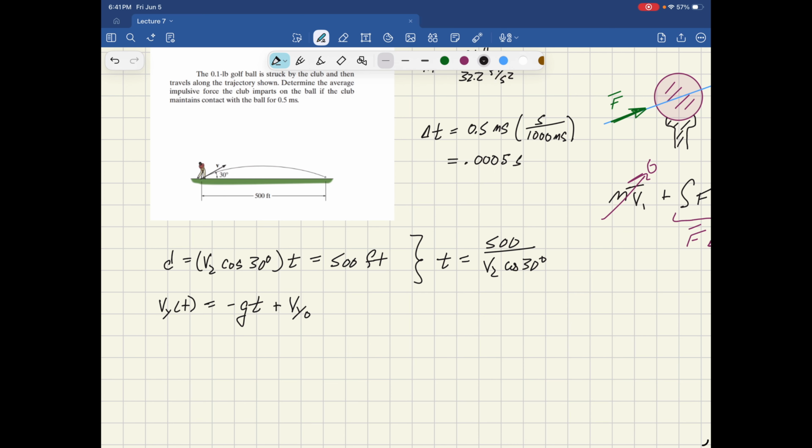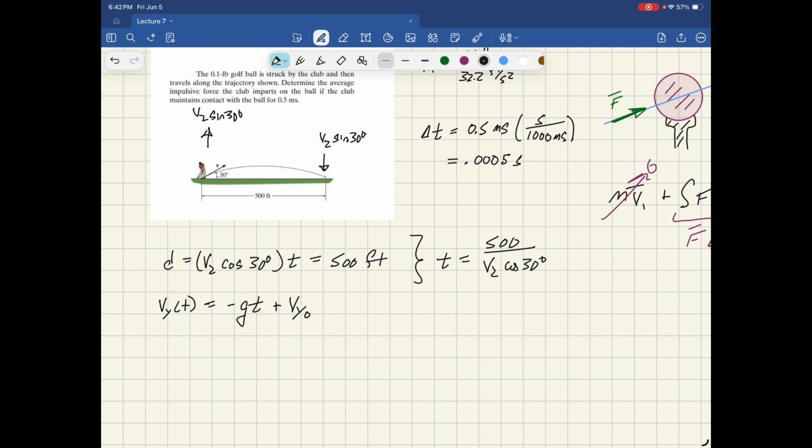So we can write this as minus, so when the ball lands, right, when the ball takes off, it has a positive velocity equal to v2 sine 30 degrees. And when the ball lands, it's equal to v2 times the sine of 30 degrees.